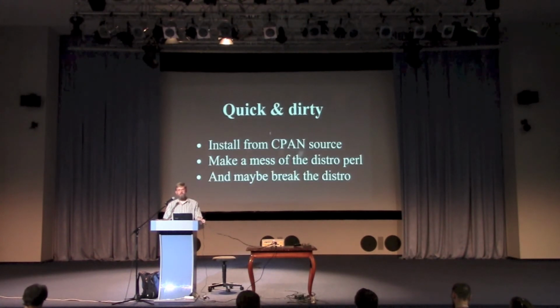So it's popular to go with the quick and dirty option, which is to just use CPAN or CPANM and install from source. If you do that with the distribution Perl, it's generally a bad idea because the distribution Perl comes with a set of CPAN modules, and they may be used by distribution software.